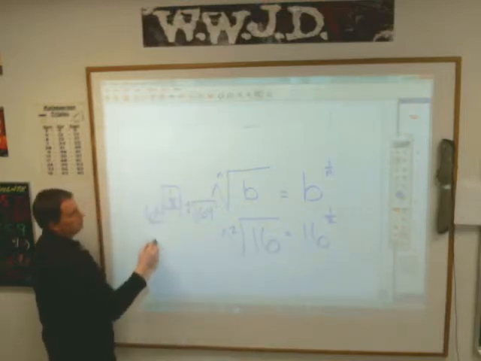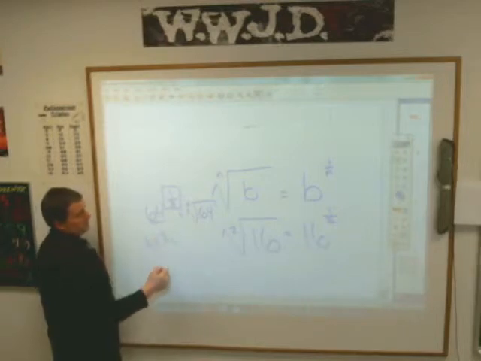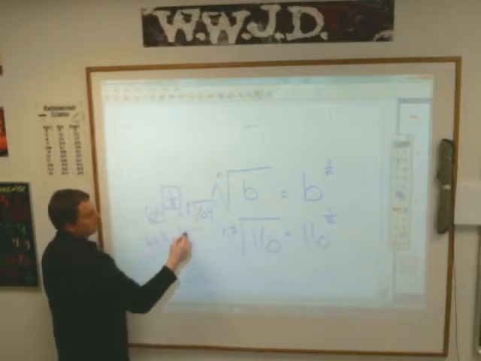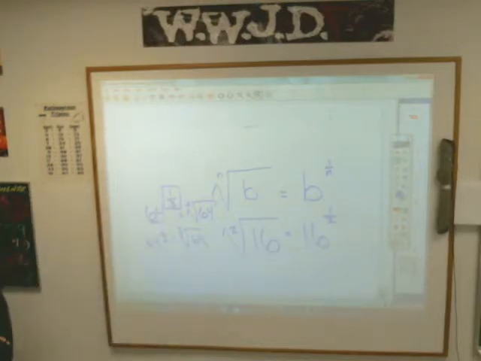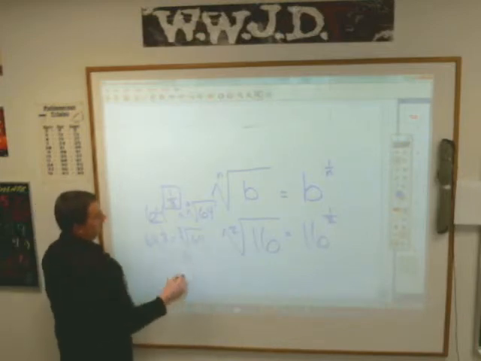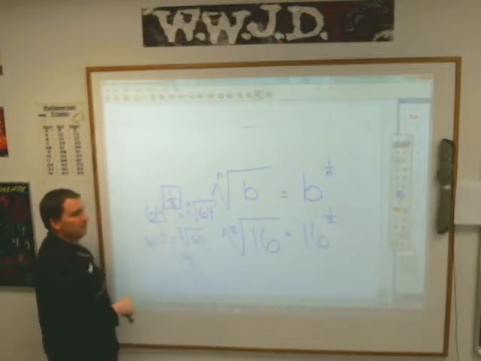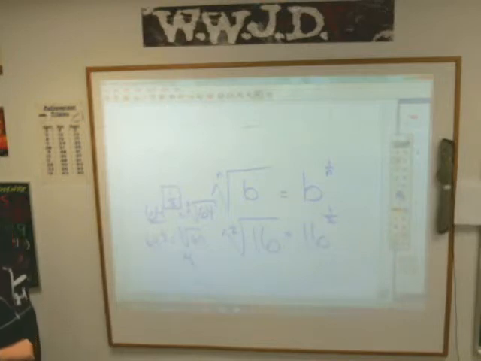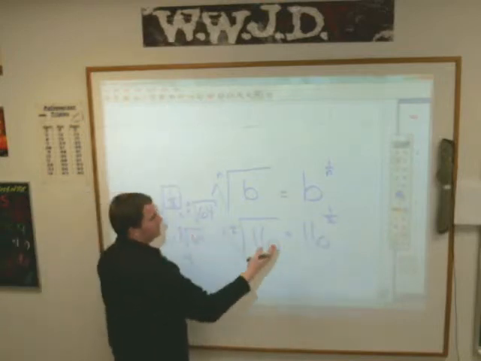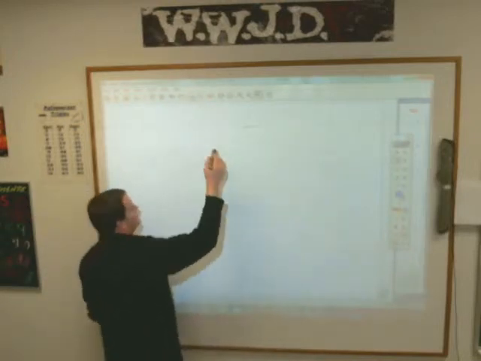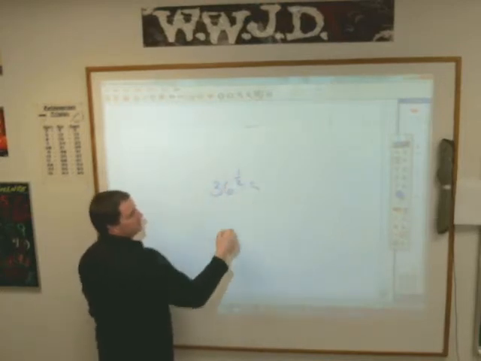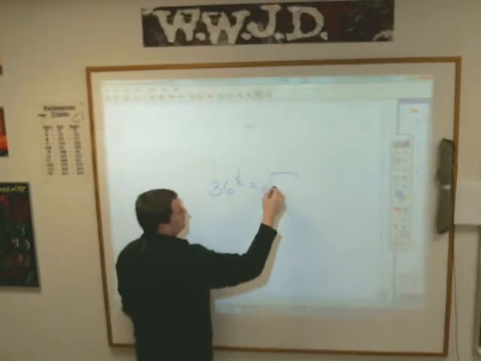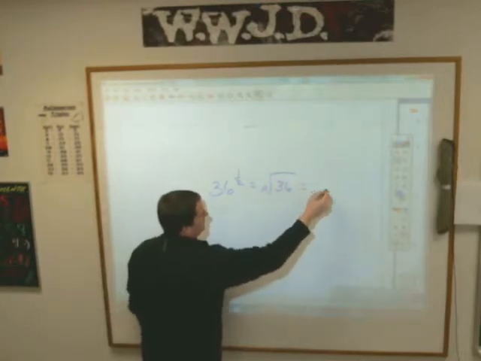So 64 to the 1/3 power, children, is the cube root of 64. And the cube root of 64, as everybody knows, is 4. I think this is the first time we've ever done fractional exponents. Anything to the half power just means square root. For example, 36 to the 1/2 power is the square root of 36, which is 6.